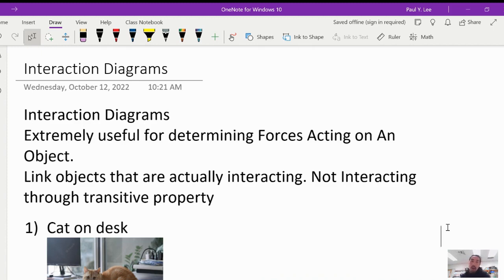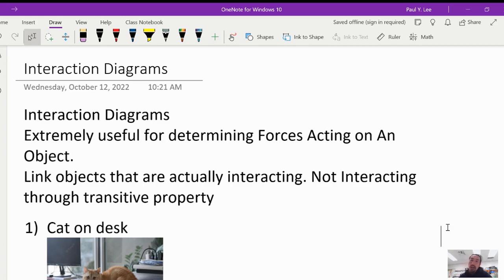Interaction diagrams are a very useful tool when we are utilizing forces for this unit and in physics in general. A couple of things about interaction diagrams. You'll never be asked a question directly about an interaction diagram, so it can be generalized, much like our sketches or our verbalizations.